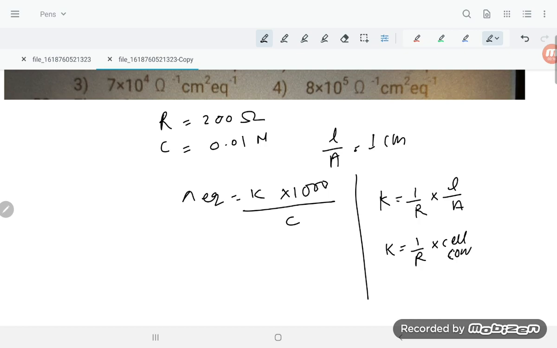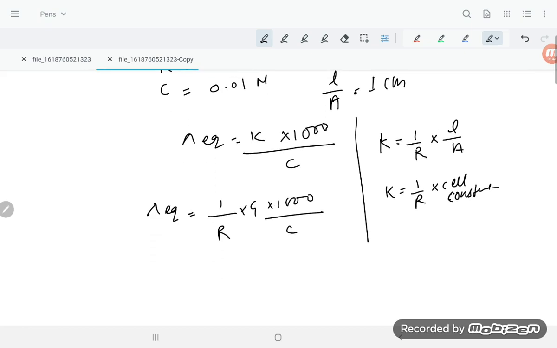Cell constant means G. So how can you solve this problem? Lambda EQ, if you write, we can put the value 1 upon R into G into 1000 upon C.